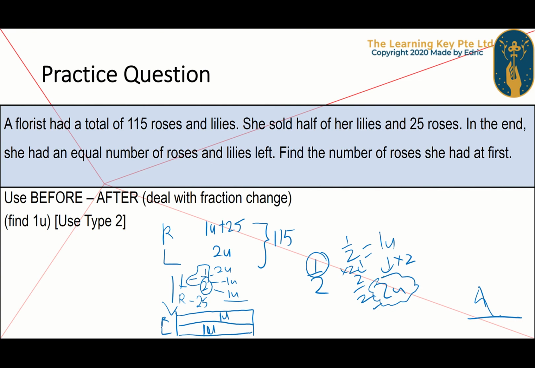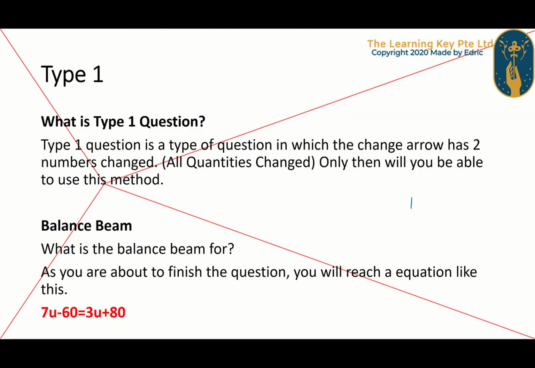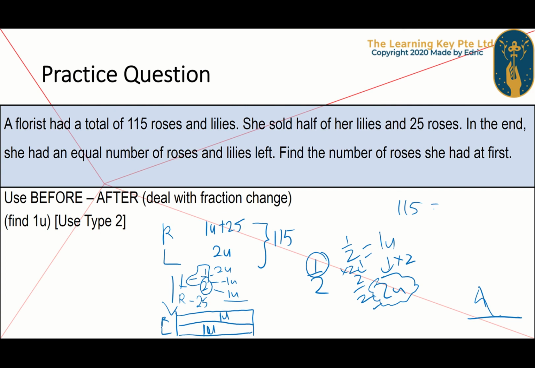So doesn't it mean that, okay, now we can start doing the equations. So 115 equals 3u plus 25.